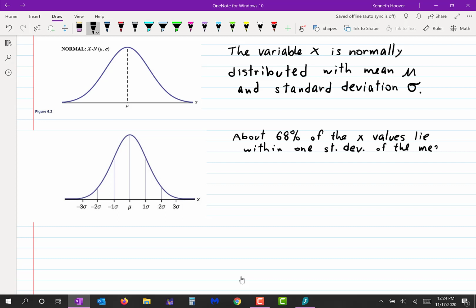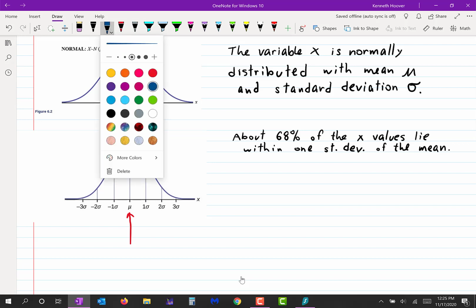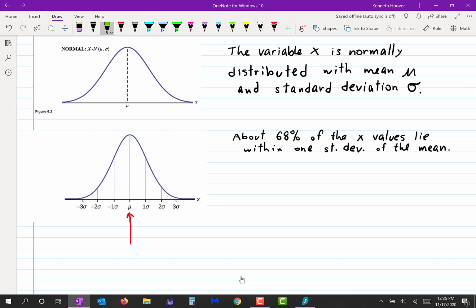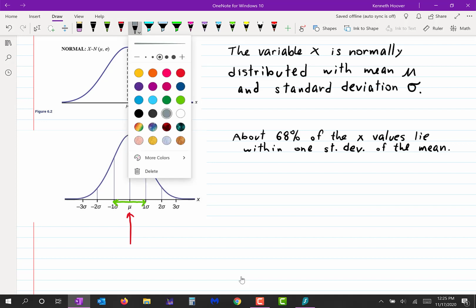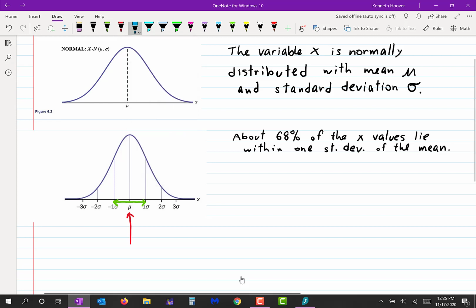So what that means is if you go to the mean, mu, which is right in the center of the bell curve, and then you go 1 standard deviation in each direction, then you are guaranteed about 68% of the scores lie within that region right there.